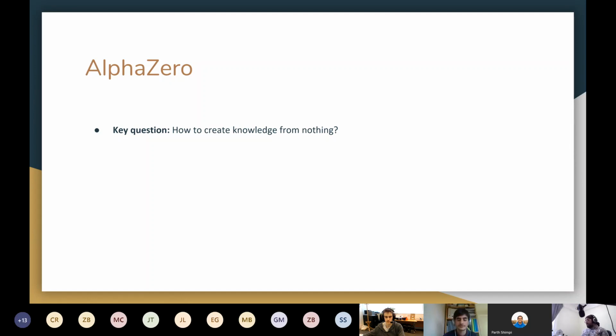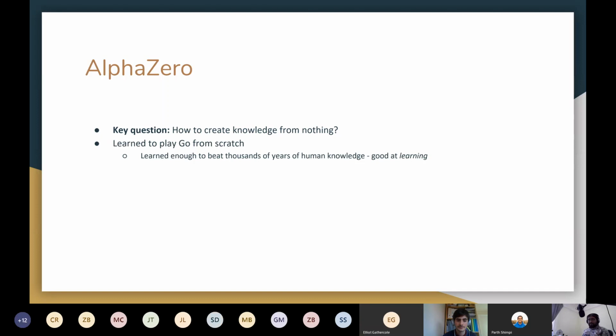And spoiler, the answer is yes, you can learn how to play Go from scratch better than humans can in, I think, the equivalent of a few months' worth of training. And I think this is both incredibly impressive and kind of terrifying. And so the key question here is, how can you make knowledge from nothing? How can you make an algorithm that can learn and generate knowledge itself?